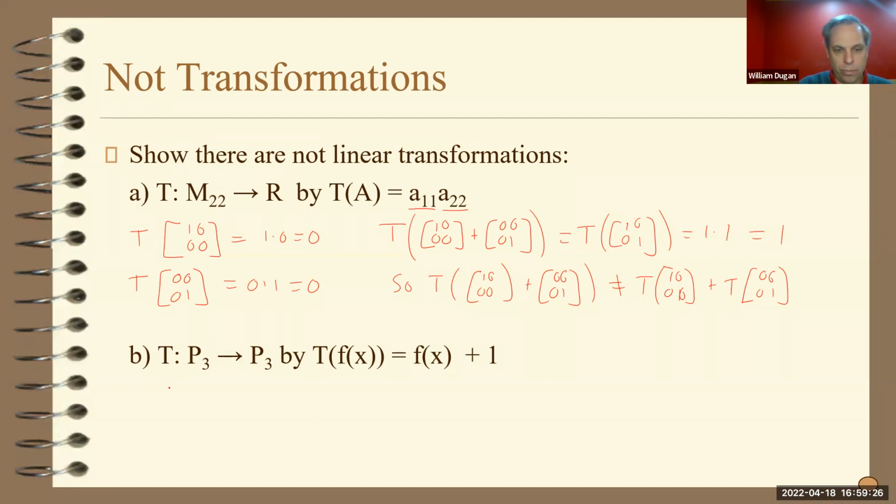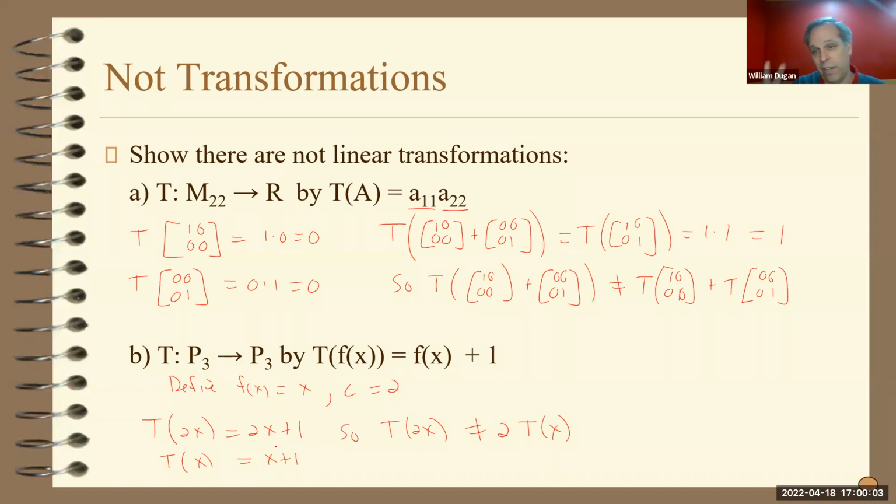So then notice if we define that the polynomial I have in mind would just be x, and I define c to be, let's say, 2, then the transformation of 2 times x by definition is literally just 2x plus 1. But the transformation applied to just x is actually x plus 1. And T of 2x does not equal 2 times T of x. So it's not a linear transform because it violates the second property. And I believe that's enough for that video.